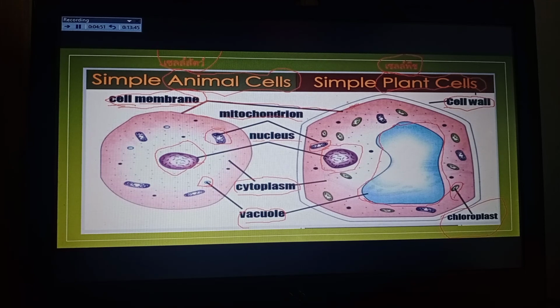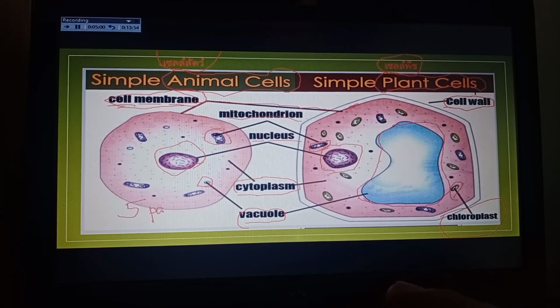So all in all, in simple animal cells, we have 5 parts. And all of these parts you can also find in our plant cells. Okay, 5 parts.